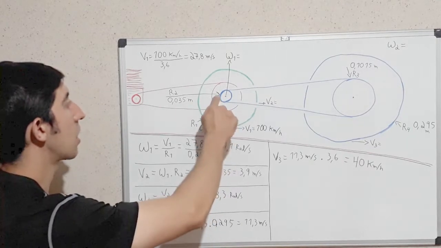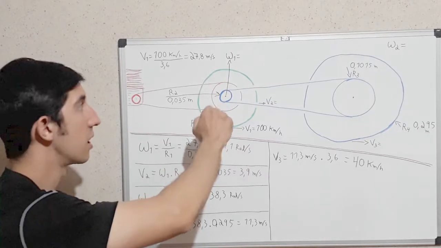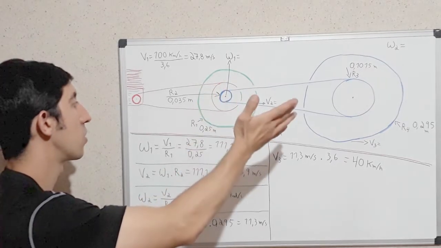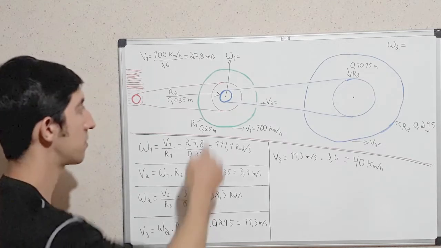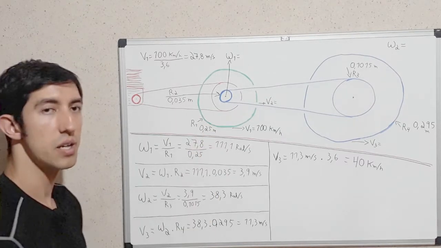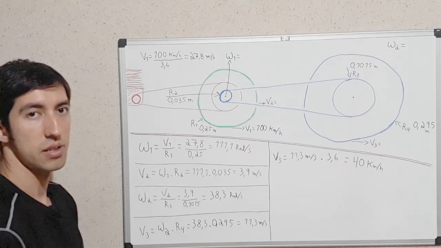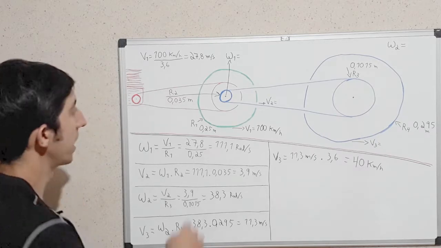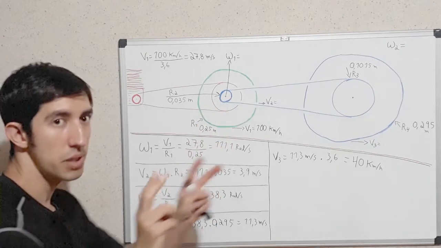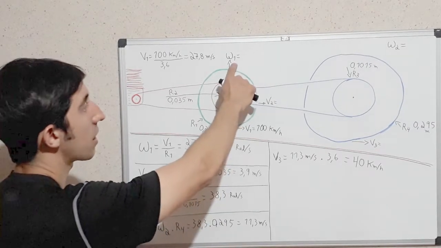Then we need to calculate the rotation speed, okay? Which in this case you can think of as the RPM of the axle, but to simplify, I'm going to use everything in the international unit. So we need to find the RPM of this axle, which is omega 1.